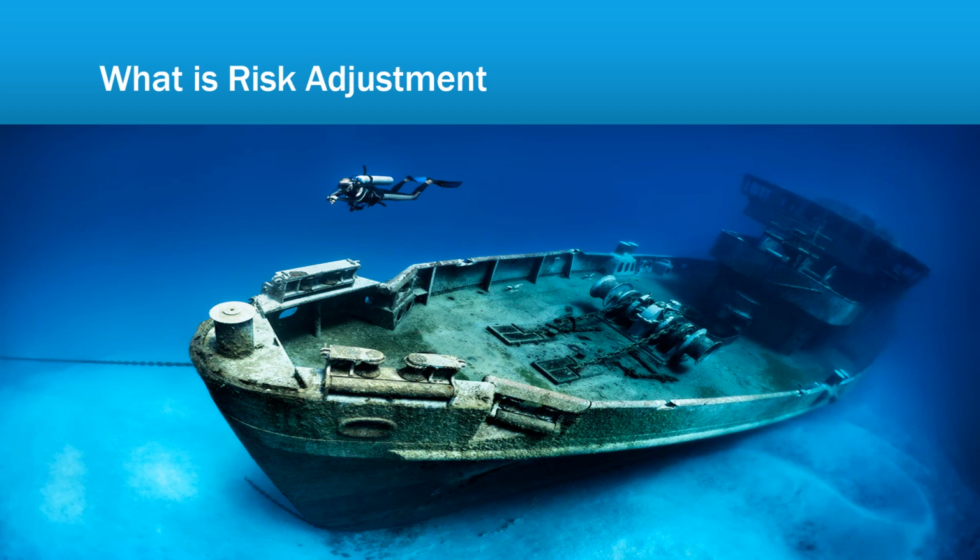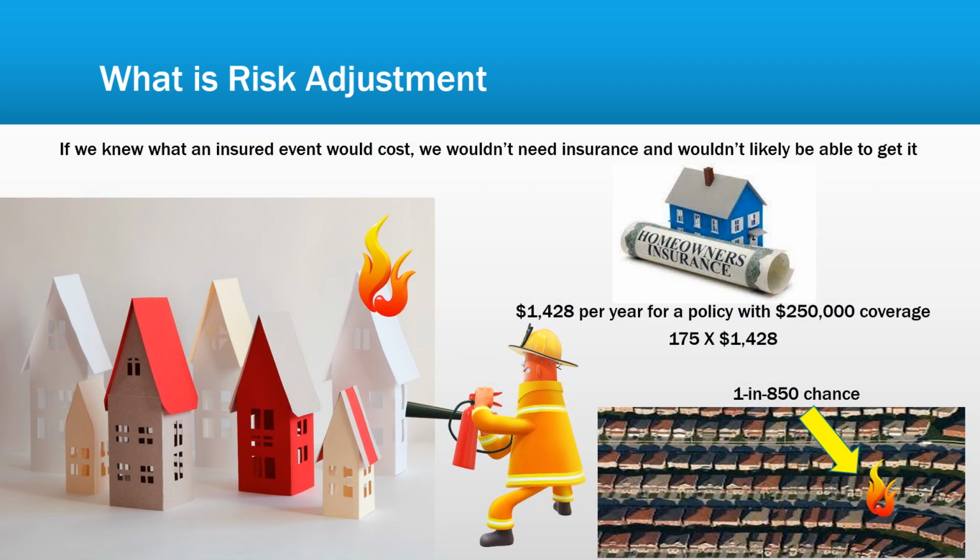So again, this is about managing risk. Let's take another example here, because if we knew what an insured event would cost, we wouldn't need insurance and likely we wouldn't be able to get it. In other words, if you knew that ship was gonna sink, who would insure it?